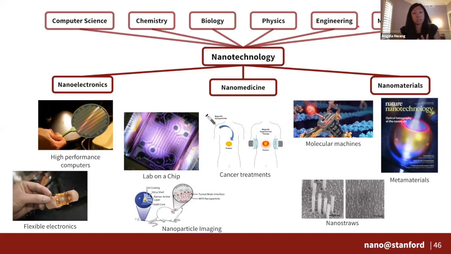And you have all these different new fields that are applicable to nanoscience. So, for example, you're combining on nanoelectronics maybe some computer science, some material science, and some engineering, and you have all these different types of new high-performing computers.